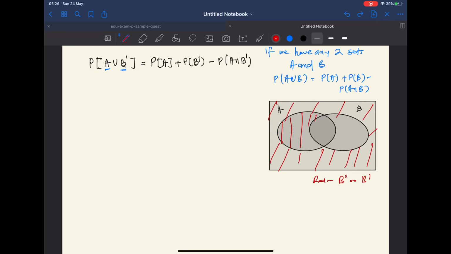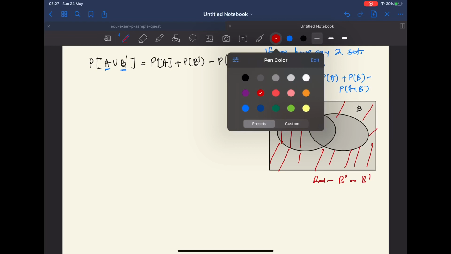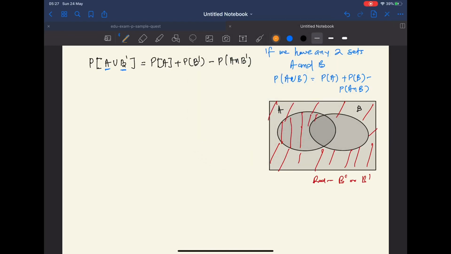So this is set A, and intersection B prime will be the region here, the small region, because this is the set A and it is intersecting with the complement of B. So any part colored gold is what is A intersection B prime, and you all agree with that.